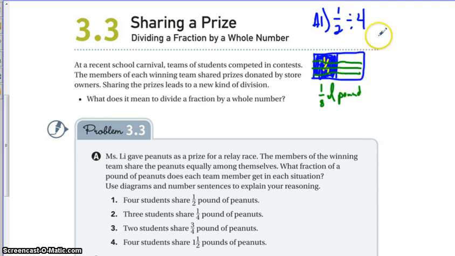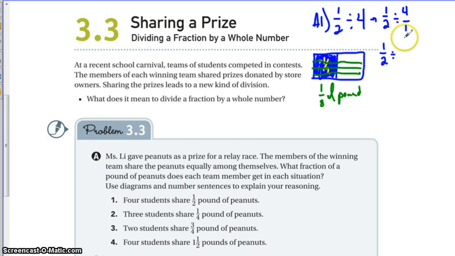Okay? So let's try solving this. So the first thing I'm going to do is take this problem and write my whole number as a fraction over 1. And then I'm going to show you the common denominator strategy. So the common denominator strategy, we would use 2 as our common denominator. So 1/2 would stay 1/2.